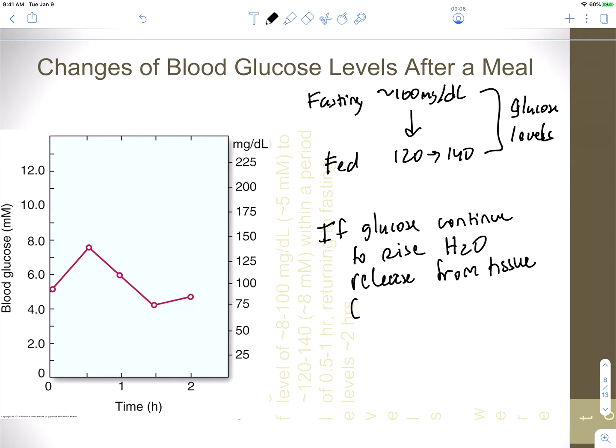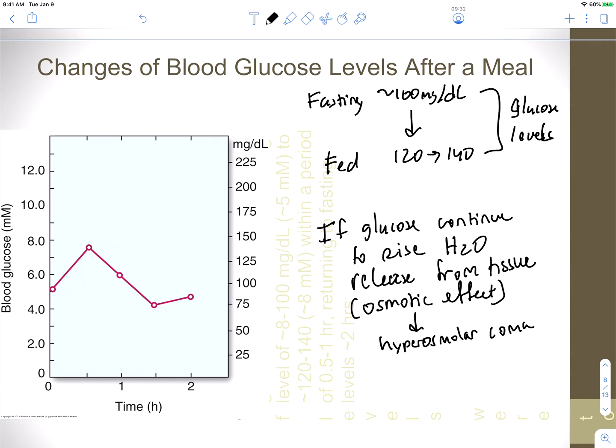And this is an osmotic effect. And this is going to eventually lead to a hyperosmolar coma. And so this is important, for example, in type 1 diabetics.